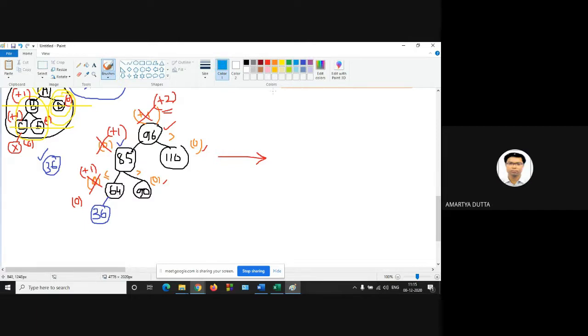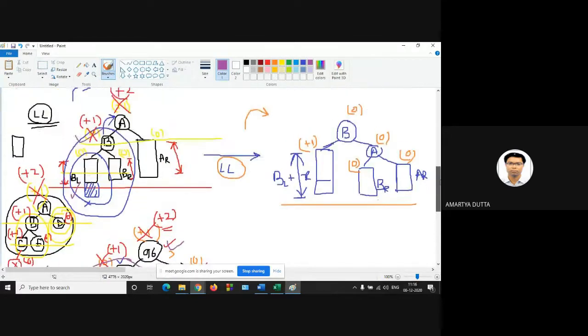Because 36 is inserted at the left subtree of the left subtree of 96. So 36 is inserted at the left subtree 64 of the left subtree 85 of 96. Okay, is it clear?